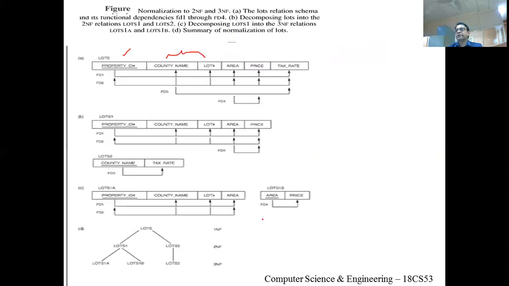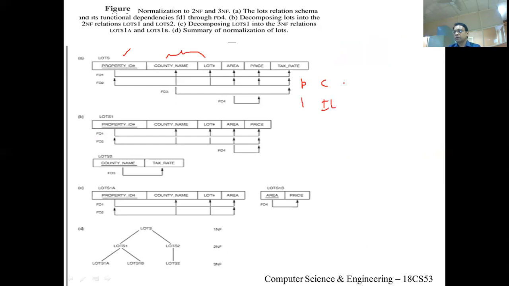Now consider the lots relation. This lots relation is used for storing property details. Here the author has given the details with respect to Western countries. Property ID means the property information. Let's say, for example, property ID 1, county name, which is nothing but a state name, I'll take Illinois.